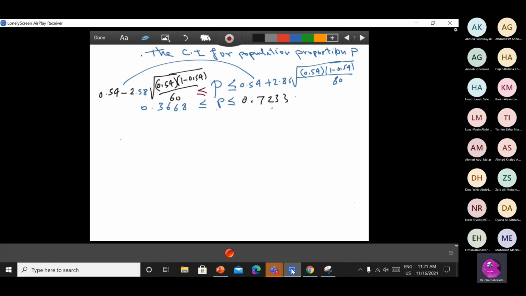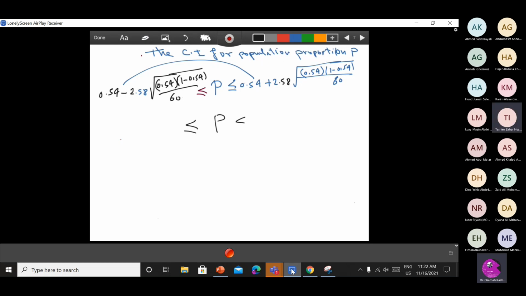I'm so sorry about that. Yes, 2.585, because we found it the opposite way. I wrote 85 instead of 58. So the value will be different, right?